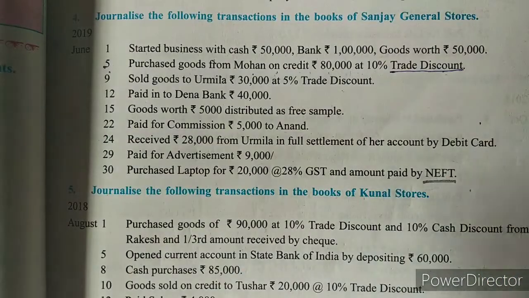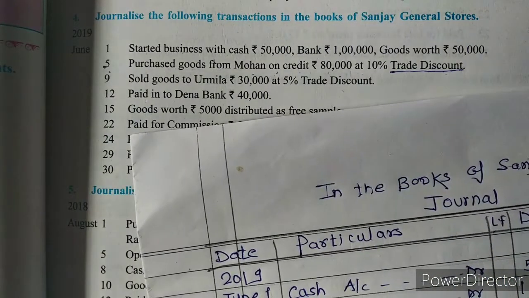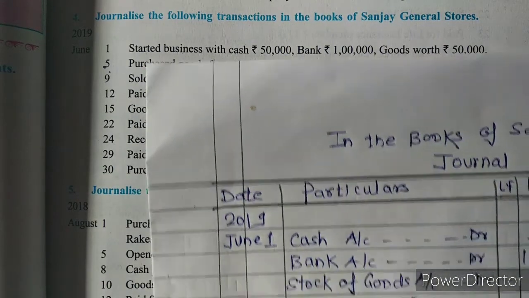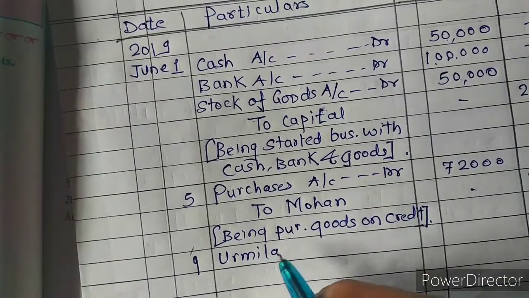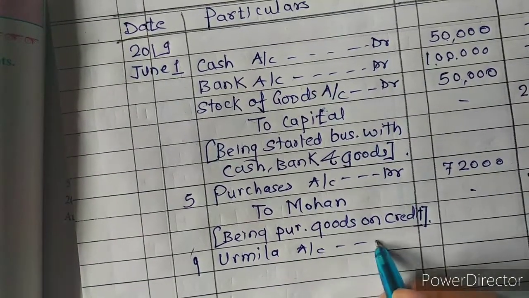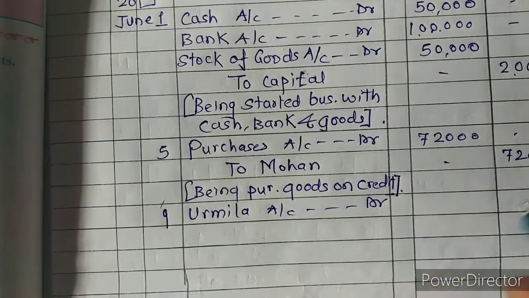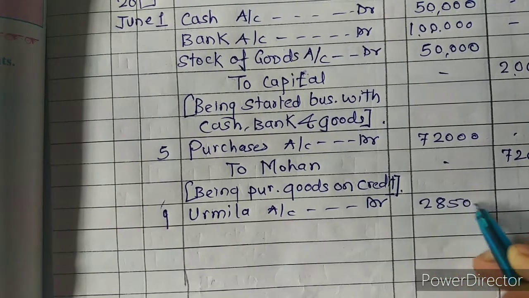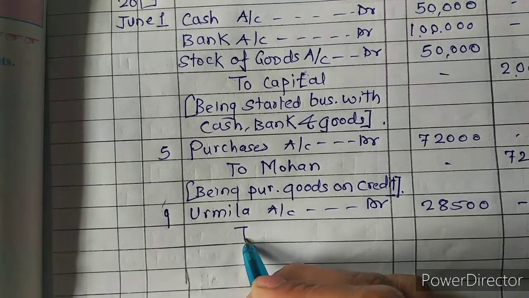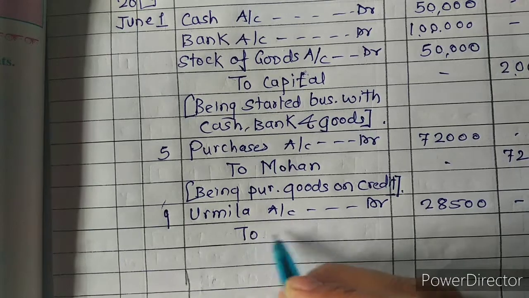Now goods are sold to Urmila. This is a credit transaction. So your entry will be Urmila account debit 28,500 to sales account.